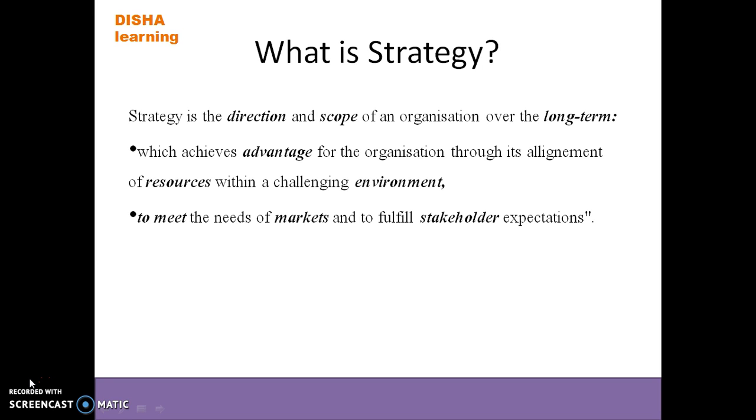Now here, strategy is the direction and scope of an organization over the long term. Now the keywords are highlighted here for that extra emphasis. One, strategy includes direction. Where are we going? In which direction are we going? Second is the scope. What all do we encompass? What kind of activities? What kind of businesses?